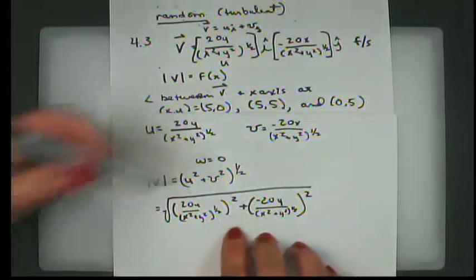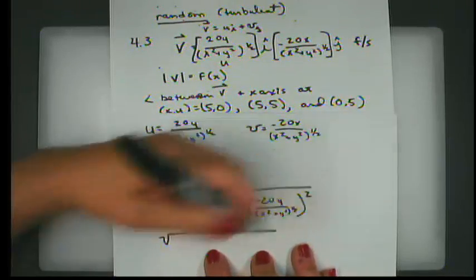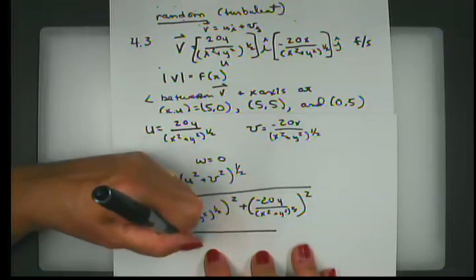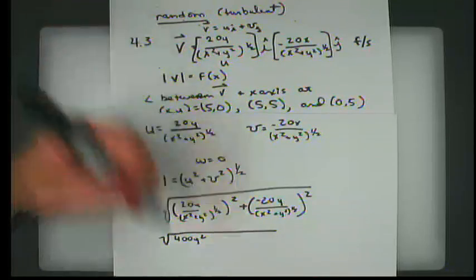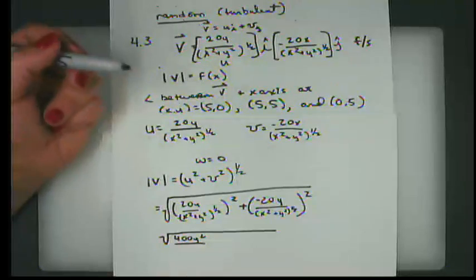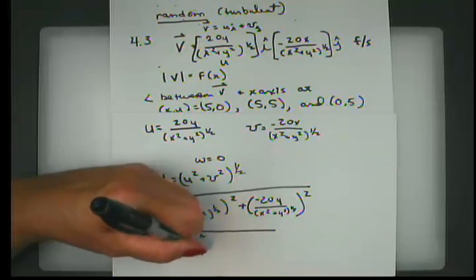Well, if we square 20y, we get 400y squared. And if we square something that we're taking the square root of, then 2 times 1/2 is 1, and that just becomes x squared plus y squared.